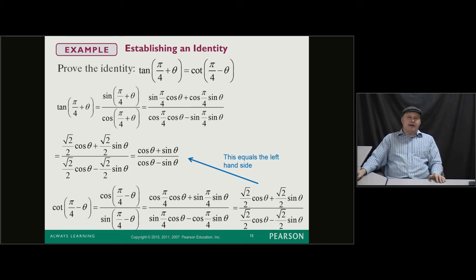So tangent of pi over 4 plus theta, they broke it into sine and cosine, and then they evaluated all the trig functions at pi over 4. And then those ended up canceling on both of these identities, leaving you the left-hand side equals the right-hand side. So they are equal.